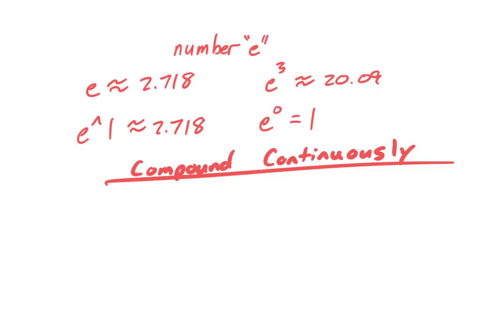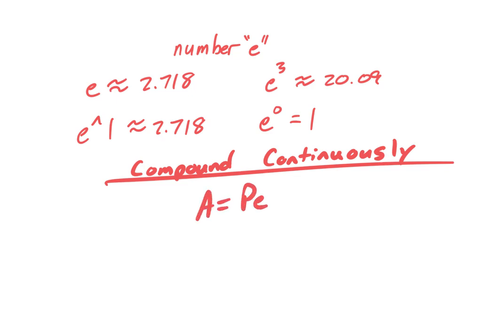This is probably the more common way of money being compounded, because if you had a retirement account and you looked at your retirement account, you see that money changing all day long. Okay, as the stock market is open, your account is changing. It's going up, it's going down. It's compounded continuously, and that's how most retirement accounts work.